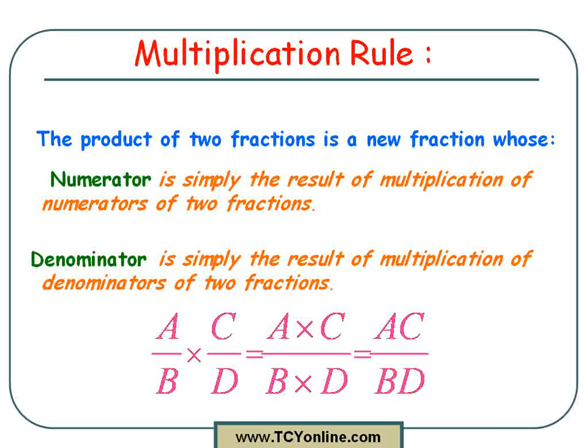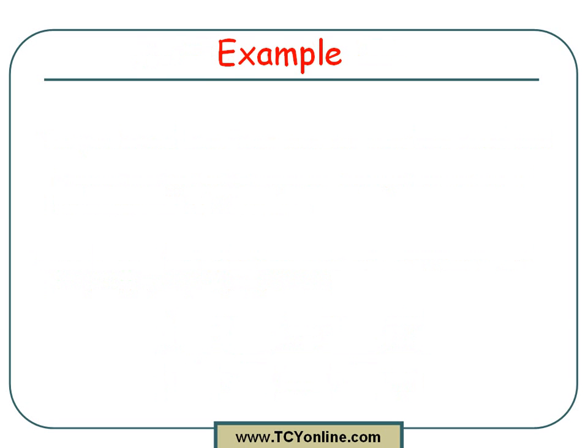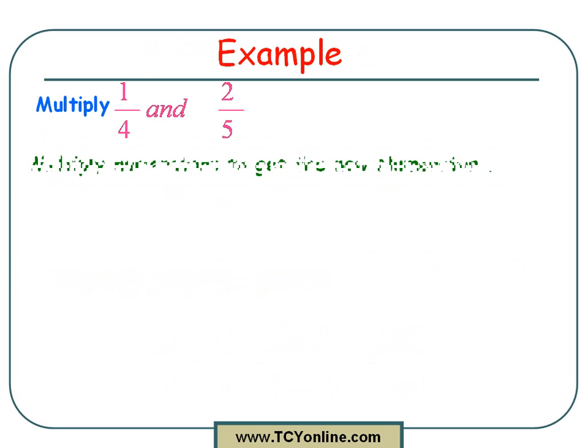Now let's learn this multiplication rule with the help of an example. Here we need to multiply 1 by 4 and 2 by 5. Simply multiply the numerators to get the new numerator.